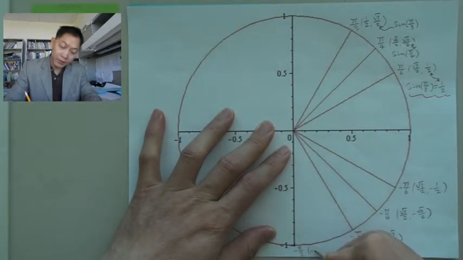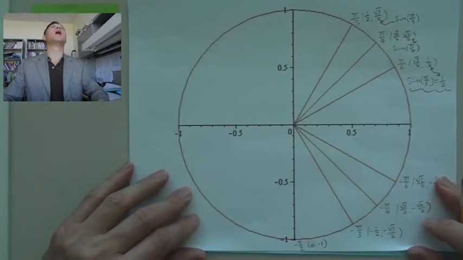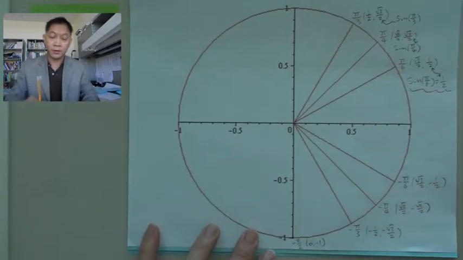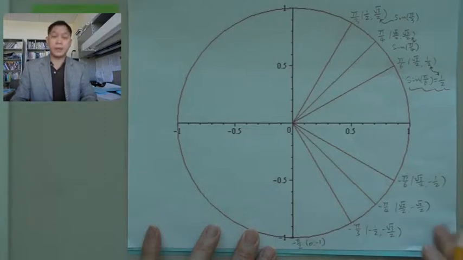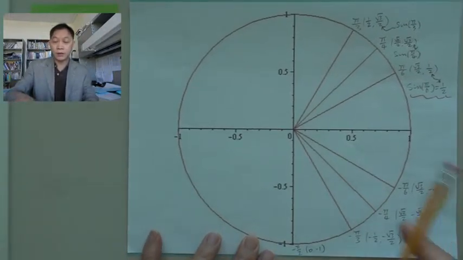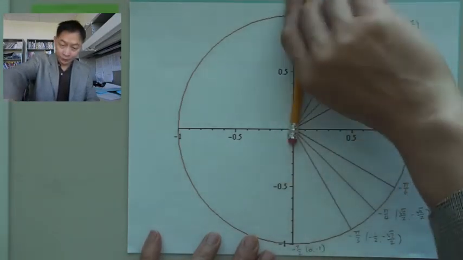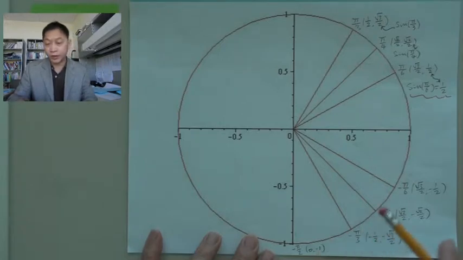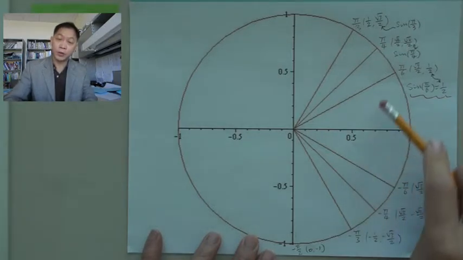That will be (0, negative 1). So from negative pi over 2 to the positive pi over 2, when we do the inverse for sine, we only consider quadrant 4 angles and quadrant 1 angles.